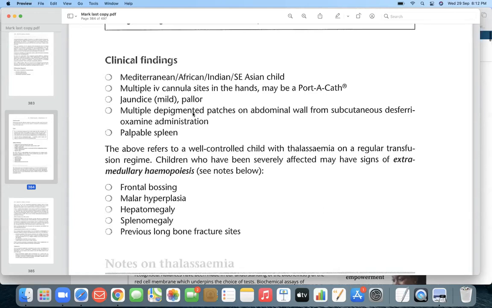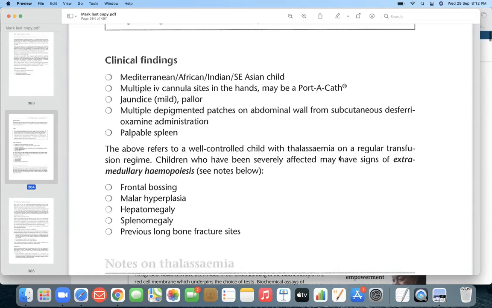What they are referring to is a well-controlled child with thalassemia on a regular transfusion regime. Children who are severely affected may have signs of extramedullary hemopoiesis. Sometimes the children who are well controlled with regular transfusion, you may not see the frontal bossing, malar prominence, all those things.